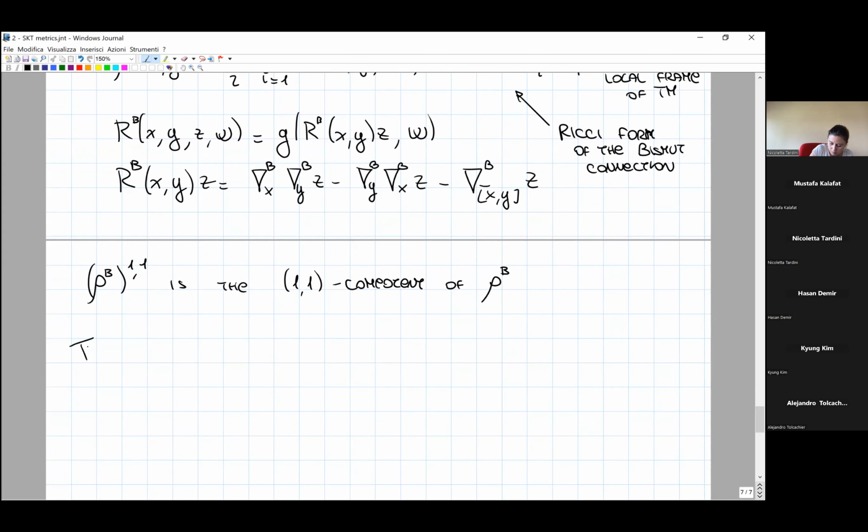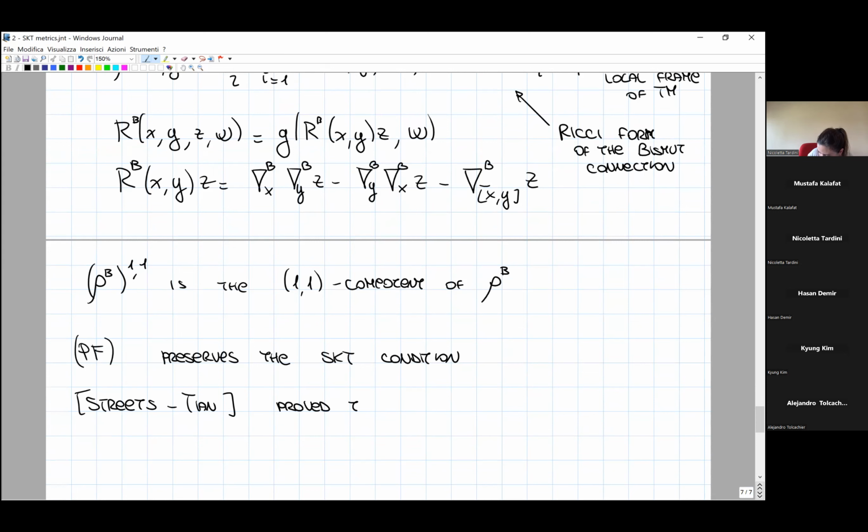So this flow, let me say PF, the pluriclosed flow, preserves the SKT condition. And Streets and Tian proved the short time existence of the solution of the flow.